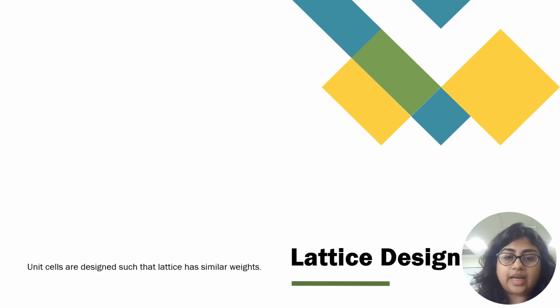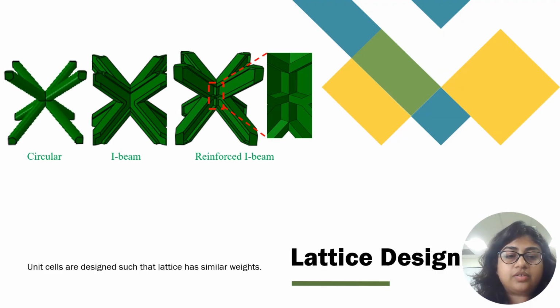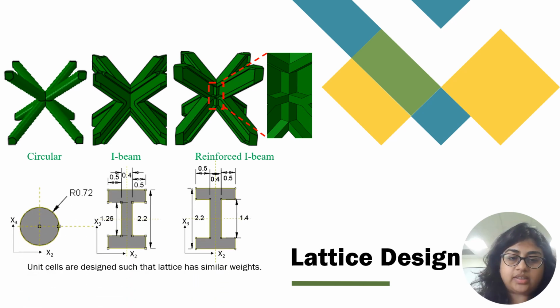The three lattice designs considered have cross-sections. First circular, second is the I cross section, third is I cross section with reinforcement at its joint. This is what the dimensions for each cross sections looks like.